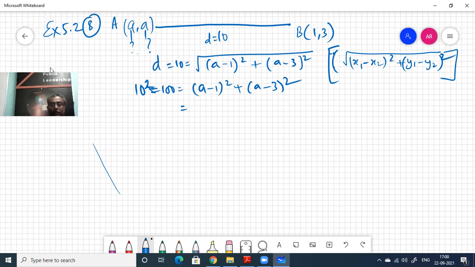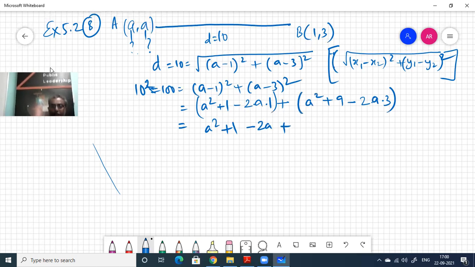A minus b whole squared, what is the formula? a squared plus b squared minus 2ab. Applying it to both terms, that is equal to a squared plus 1 minus 2a plus a squared plus 9 minus 6a.